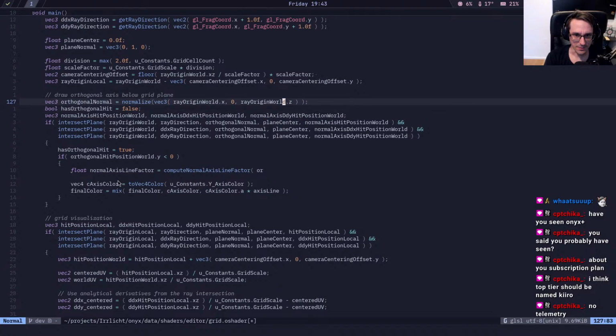And then let's rename this as well. Normal axis plane normal. It's a little bit stupid name, but it's basically what it is.